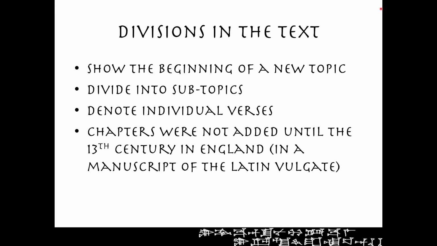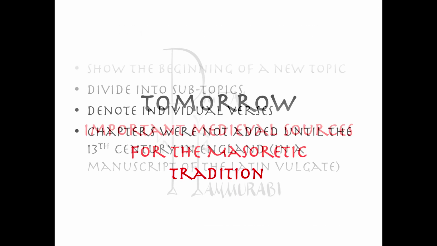But this is an interpretive thing. Of course, all of these things are interpretive. These are things added to the consonantal text to make more sense. But again, they're interpretive, and certainly chapter division was interpretive. So this is not something that was there all along. So keep that in mind as a text critic, that the chapter divisions were not added until much later.